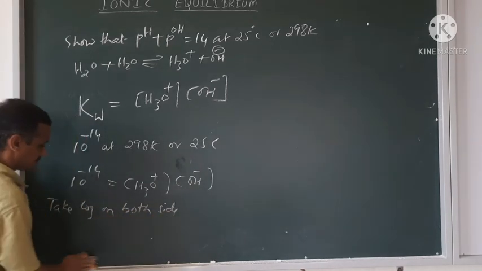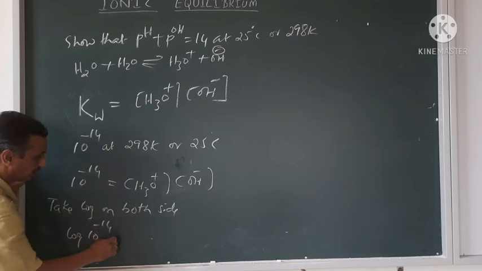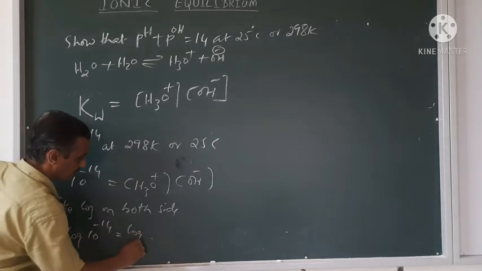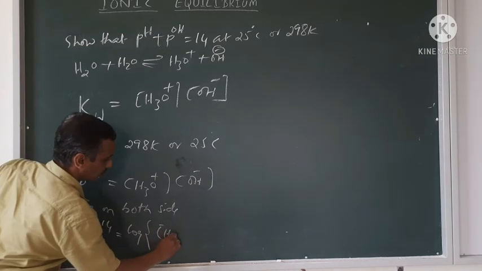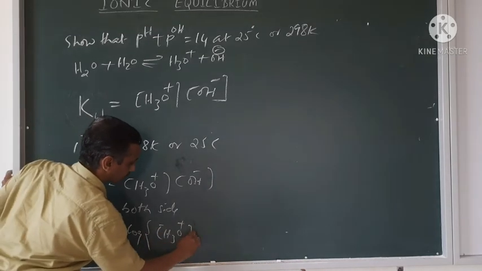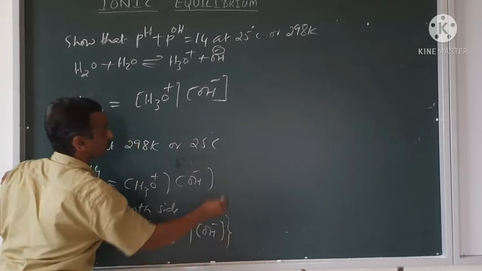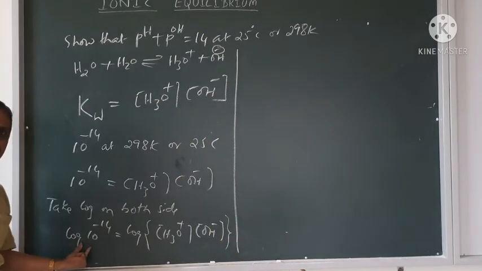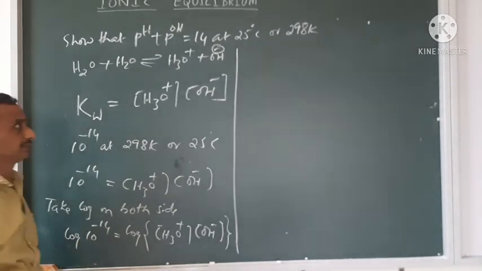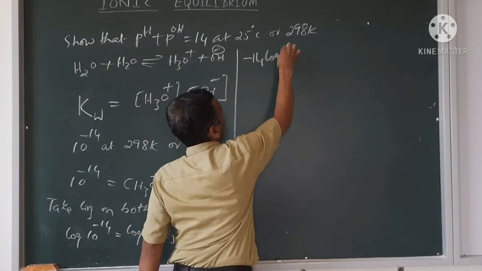What happens here? Log of 10 to the minus 14 is equal to log of H3O plus concentration times OH minus concentration. See, this is in the log a to the power n form. So minus 14 log 10.